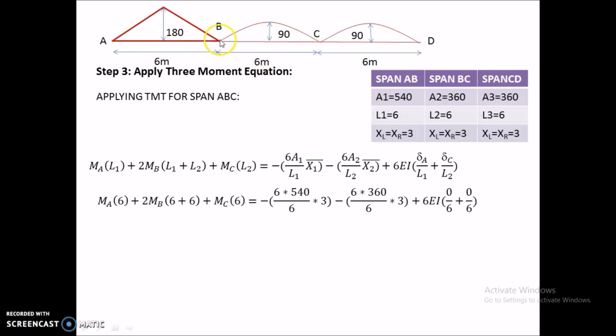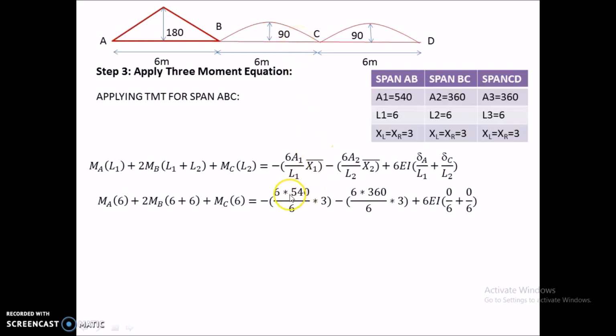Since we are taking MB, we have to take X1 as, X1 is for this section. So since it is from here, we have to take the opposite one, that is XL, and X2 is for this section. So from here the opposite one is the right side section, that is XR for span 2.